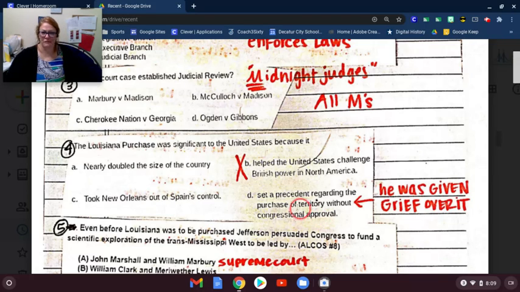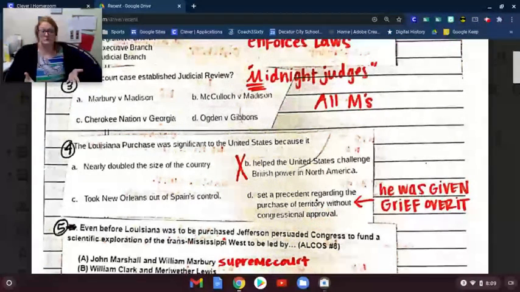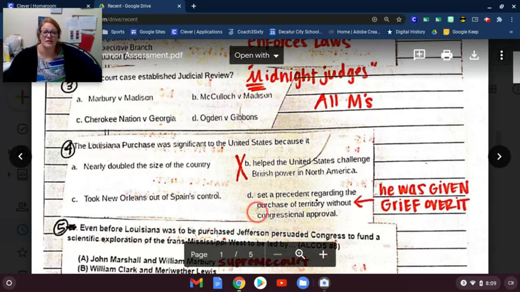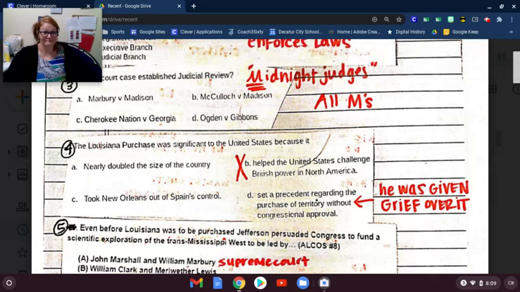Can't be that. Set a precedent regarding the purchase of territory without congressional approval. Setting a precedent means it will stick. Remember, Jefferson is going to be given a lot of grief about the fact that he procured this land unconstitutionally. He's going to be given a lot of grief over it. So you're left with A. That's your best answer.